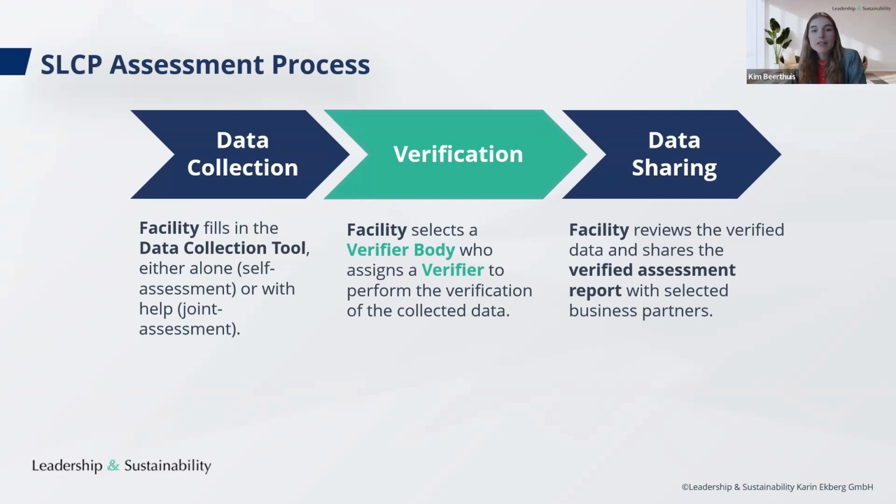The verifier will then visit the facility to verify the collected data. And then the last step is to share the data. Once the verifier has completed and submitted the verification, the facility will receive the verified data in order to review it. The facility can then share the verified assessment report with selected business partners once they have approved the data.